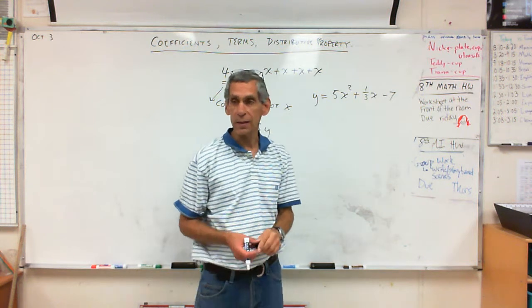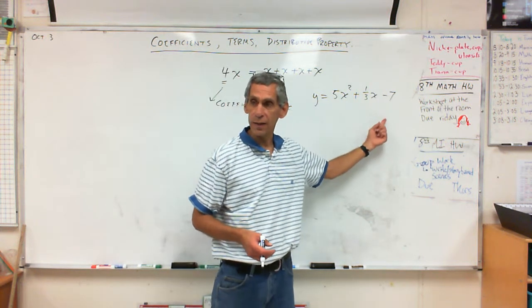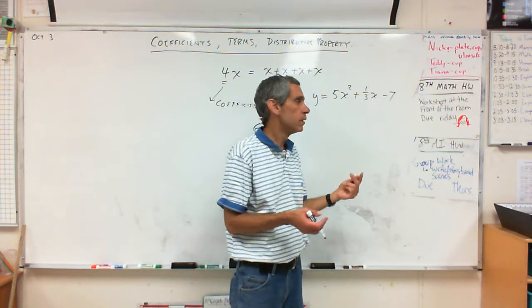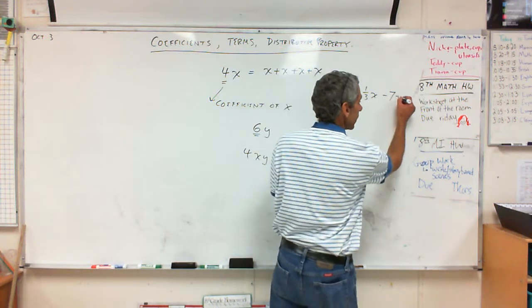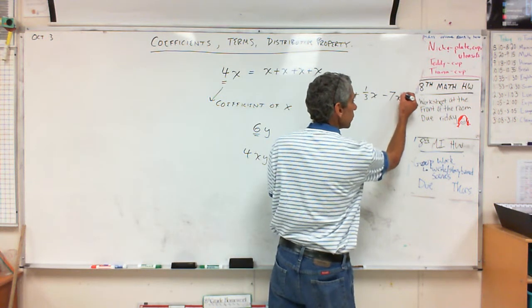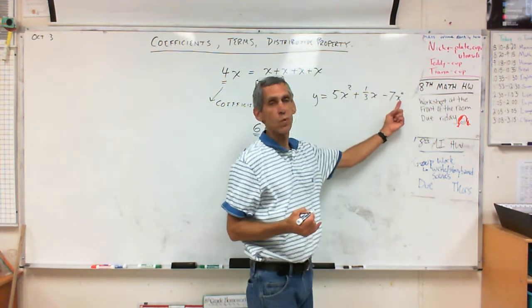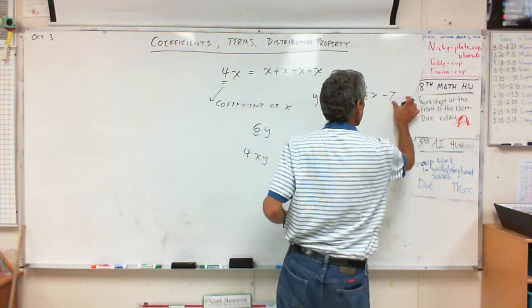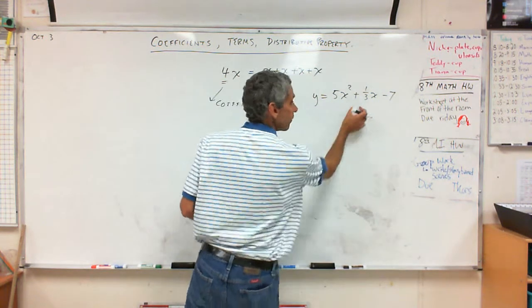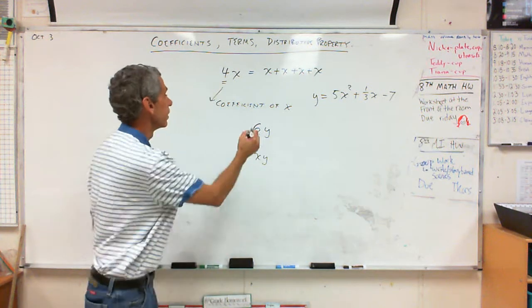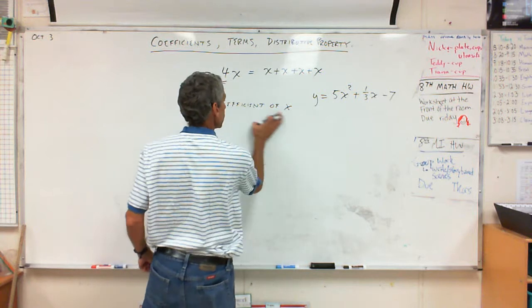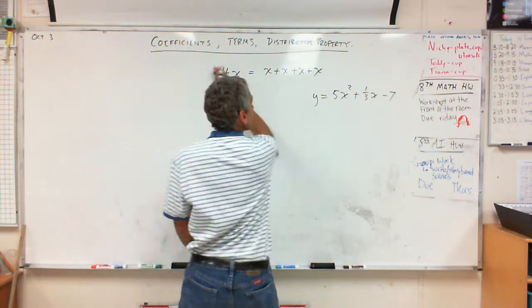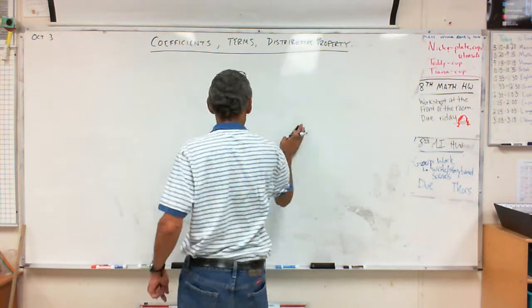Negative 7. Technically, it doesn't have an x really, so it's really more a constant. But technically, it does have an x to the 0 power, which is 1. But don't worry about that. The main thing is the number in front of the variable is the coefficient. That's it. So the coefficient definition is the number in front of the variable. That's all I'm going to say.